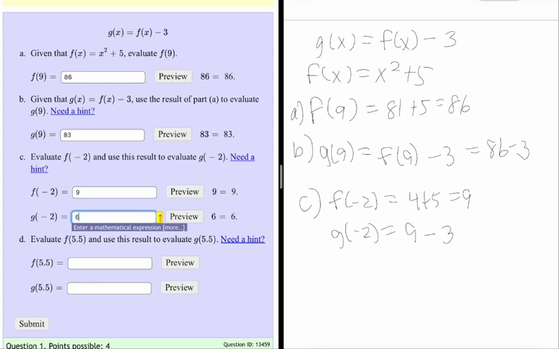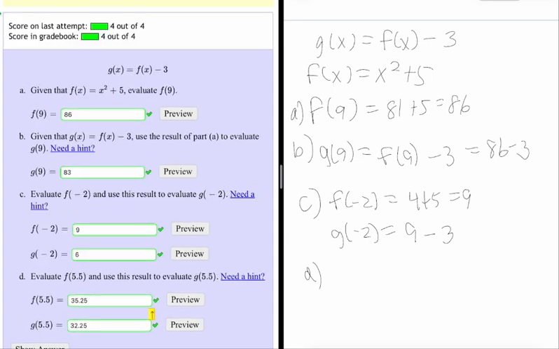So 5.5 squared is 30.25 plus 5 is 35.25. And I'm going to go down by 3. So that would be 32.25. So everybody try to get your first set of questions great.